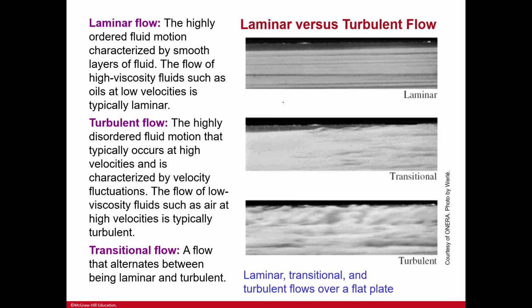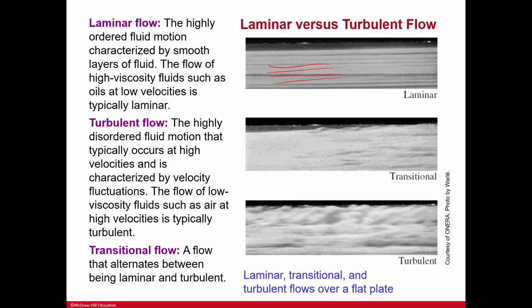But a turbulent fluid, that's on the opposite end. We have something very, very uniform, very, very smooth. Turbulent, which is all the way at the end, is a highly disordered fluid motion that typically occurs at high velocity and is characterized by velocity fluctuations. The flow of low viscosity fluids, such as air at high velocities, is typically turbulent.